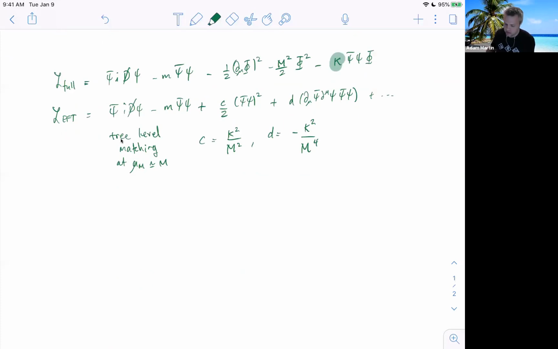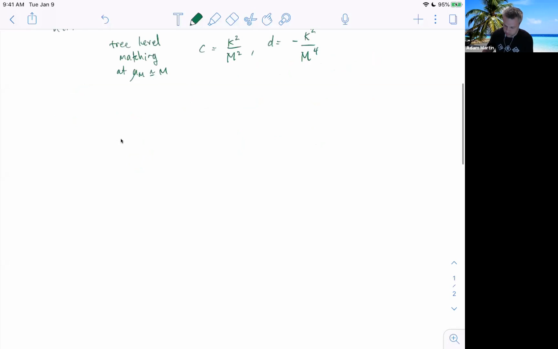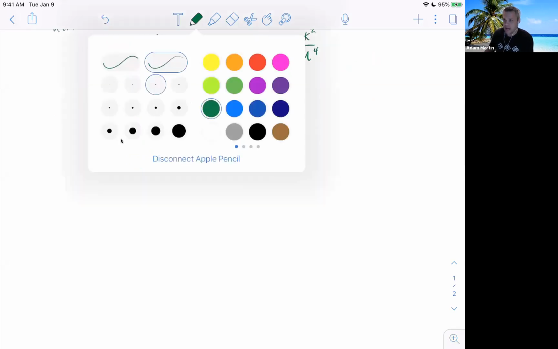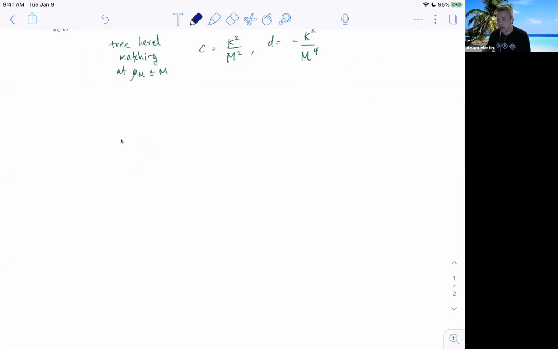And our EFT is just a theory with a fermion and higher dimensional operators. We've now explored matching, and how in an EFT I can do running. Yes, there are details and complications, but that's really it.